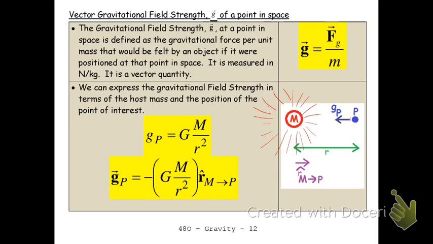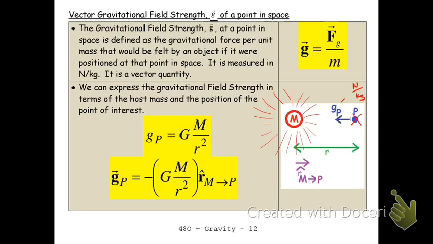How do I show a point that's not a particle? There's a point in space, and that point in space has a gravity field strength associated with it, which will be measured in newtons per kilogram.